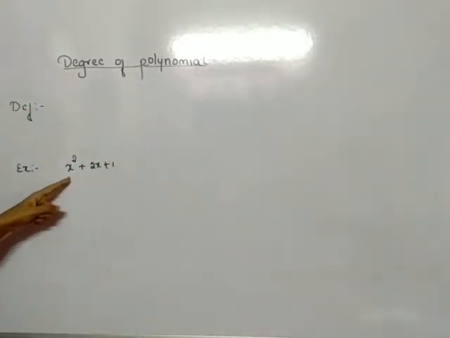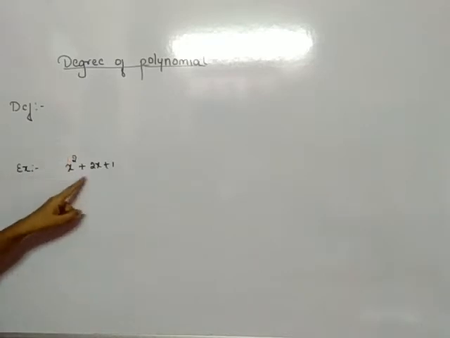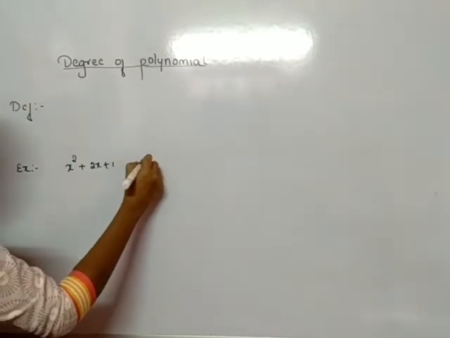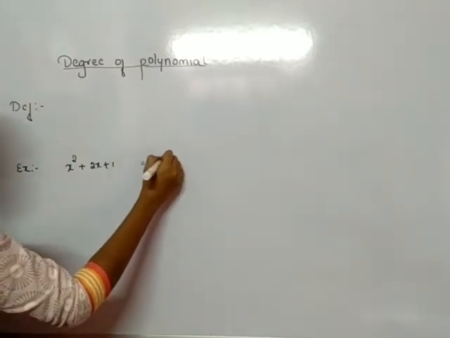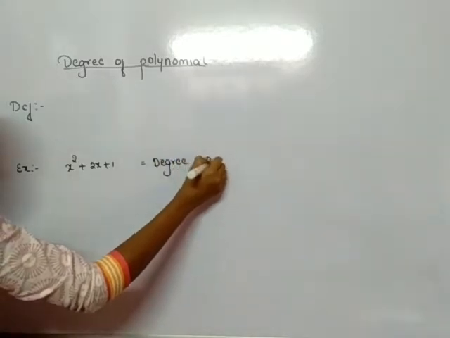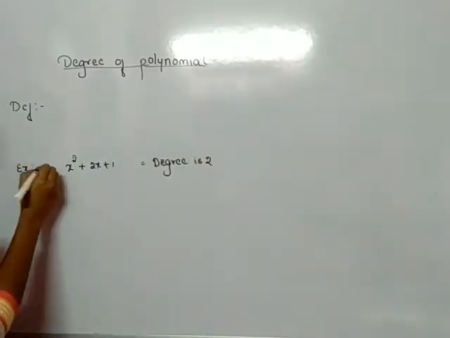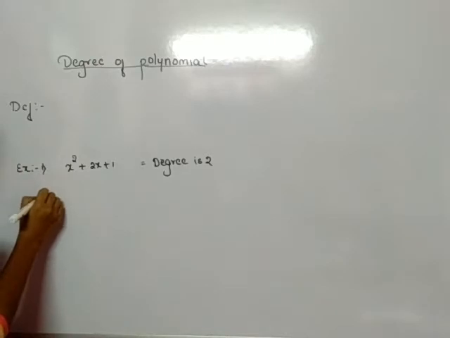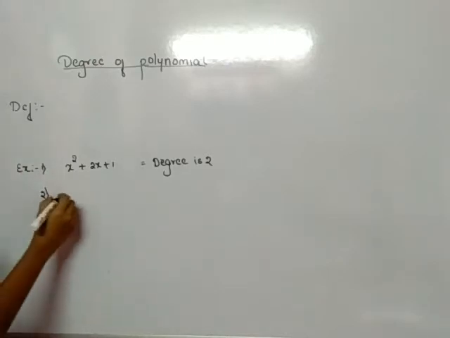The highest power in this polynomial is 2, right? So therefore the degree of this polynomial is 2. So we will write here degree is 2. Now this is example 1.